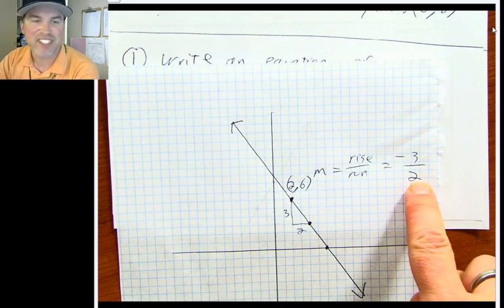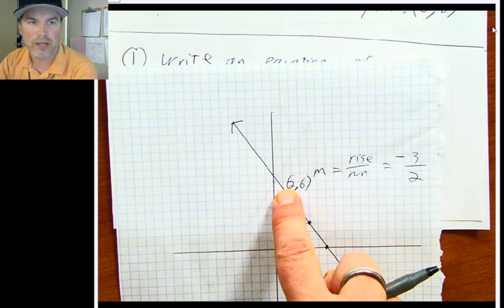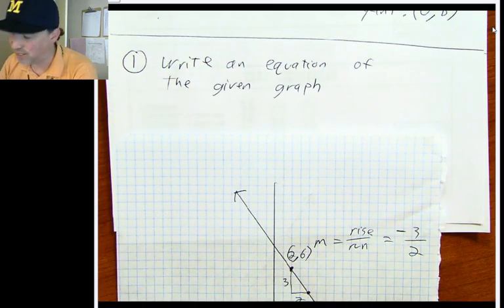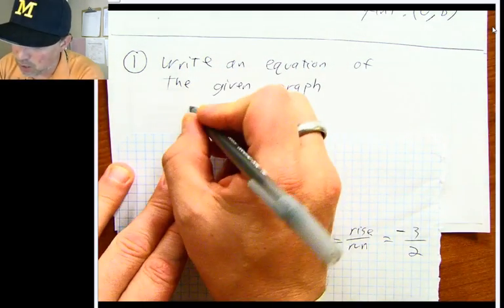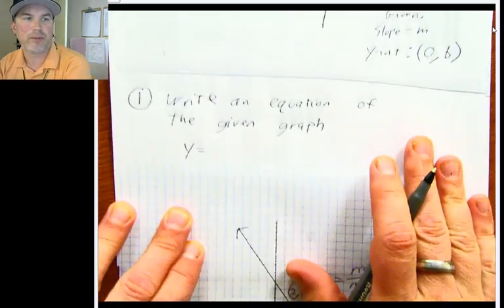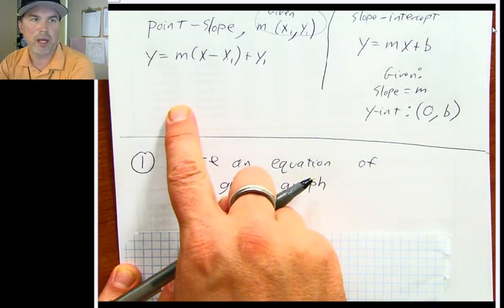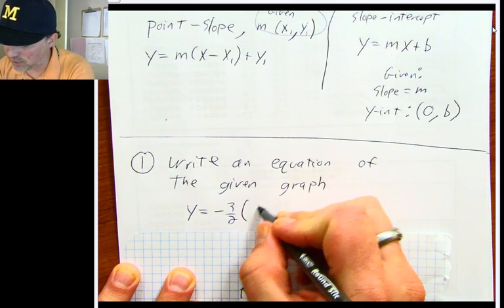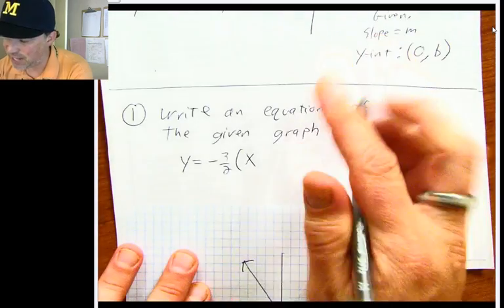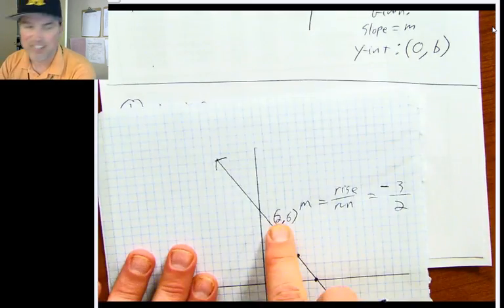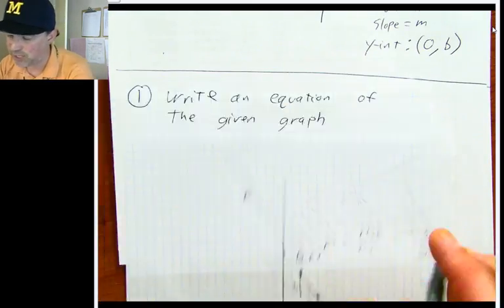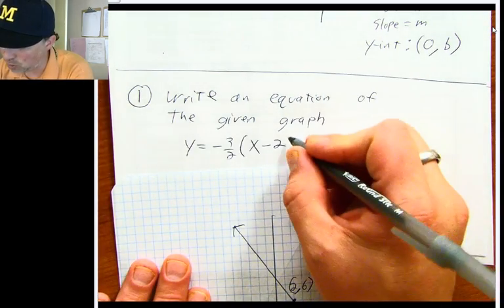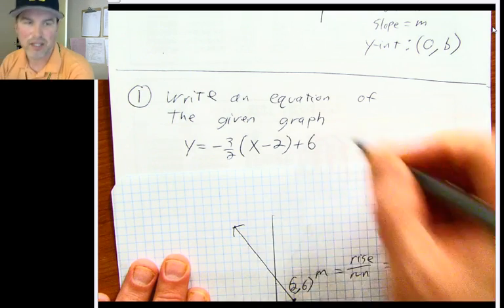So I'm going to use this slope and this point and put them into point slope form. y equals, if we use this from earlier, our m, so -3/2 times x minus x1, and the x coordinate was 2, the y coordinate was 6, so it's x minus 2 plus 6.